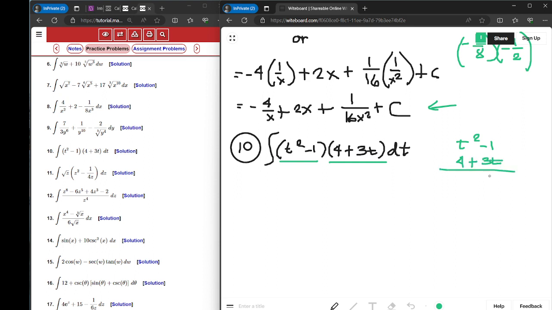We'll start here: 3t times negative 1 is negative 3t. 3t times t squared is 3t cubed, because that is t squared times 3t.